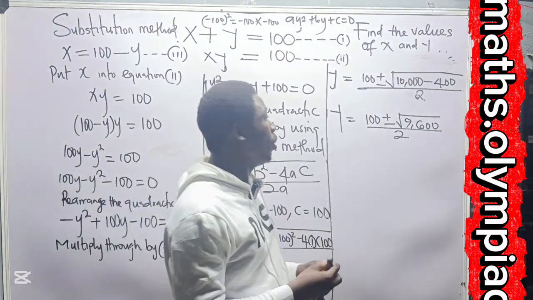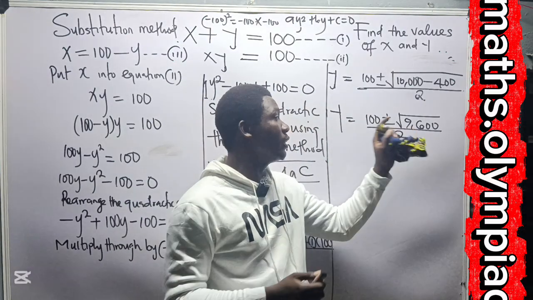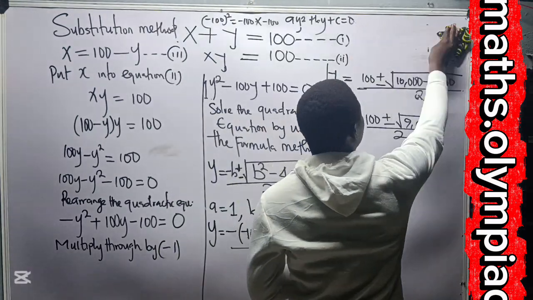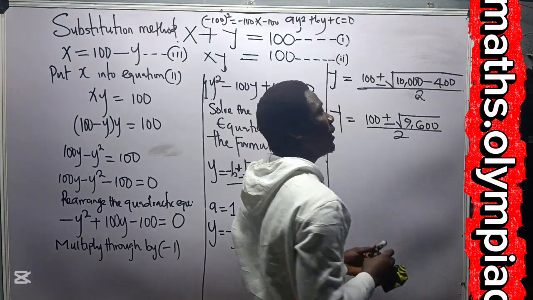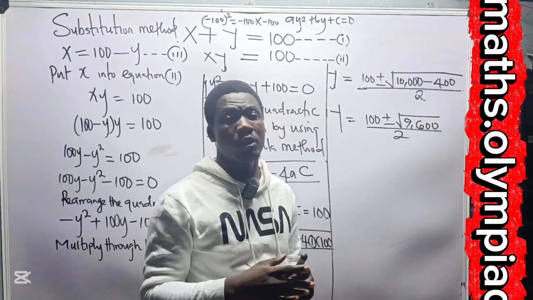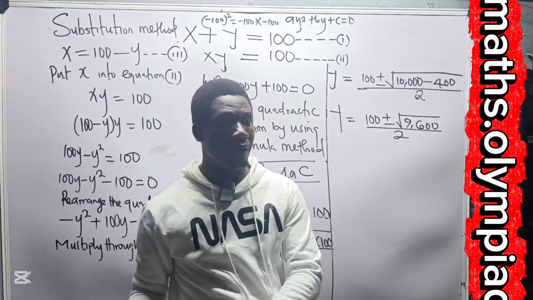So what do we do from here? We are going to simplify this surd, which is 9,600. And the easiest way to do that, when simplifying the surd, you have to simplify into two numbers, one perfect square and one non-perfect square.